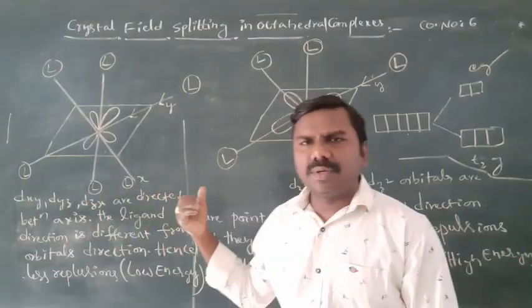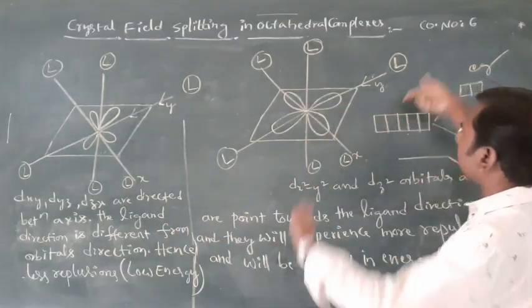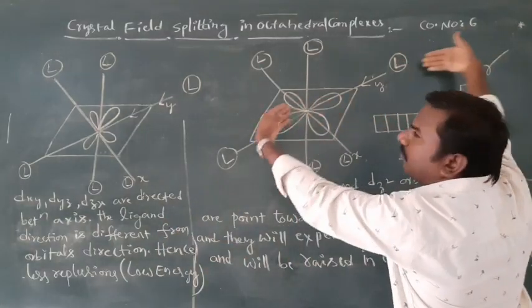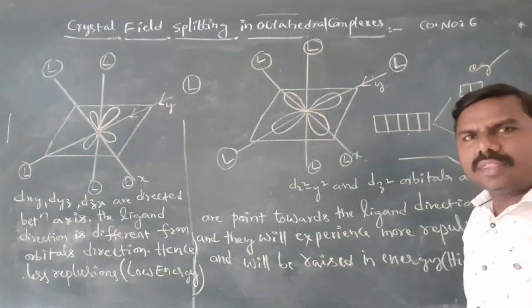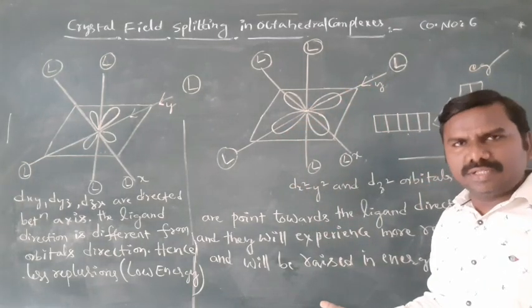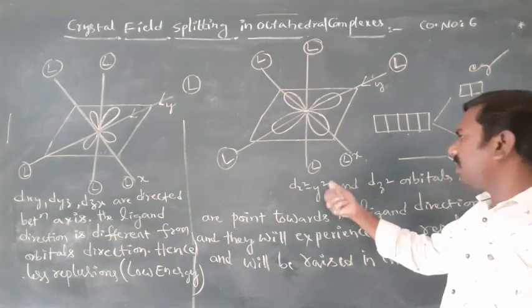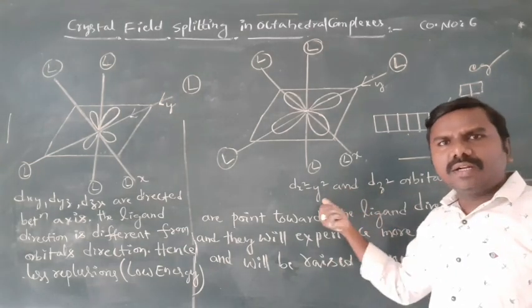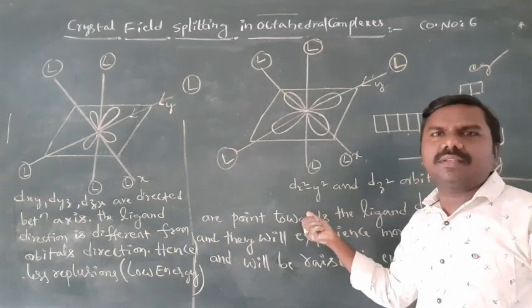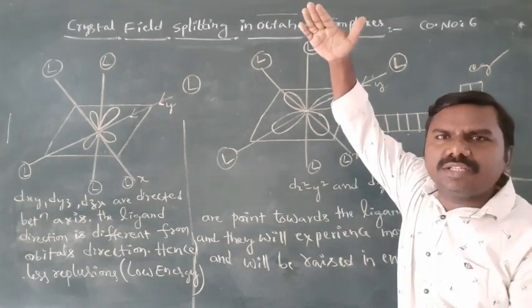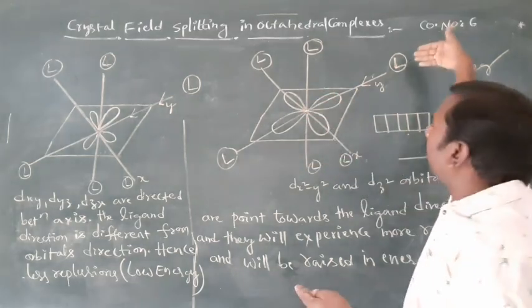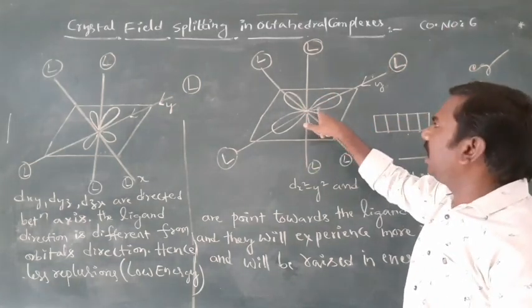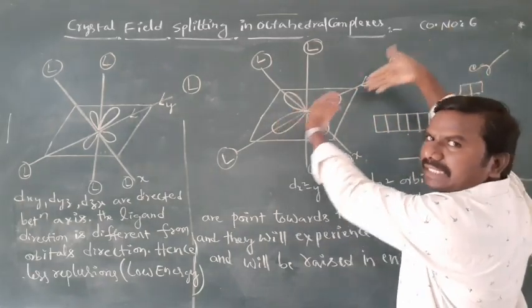Reasons I have written, students. See, this ligand and electron cloud direction will be the same. Obviously more repulsions lead to higher energy. That's why dx square minus y square and dz square, these two called eg orbitals, will be at higher energy due to high repulsions, because the ligand approaching direction and the electron cloud direction are the same.